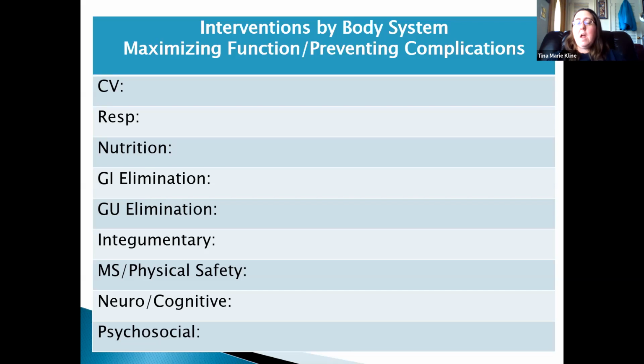That's a big thing. GI elimination. Again, if you go back to mobility, what's the effect on the GI tract? It's going to slow everything down. Well, how many of those medications did we talk about today that also had constipation as a side effect?